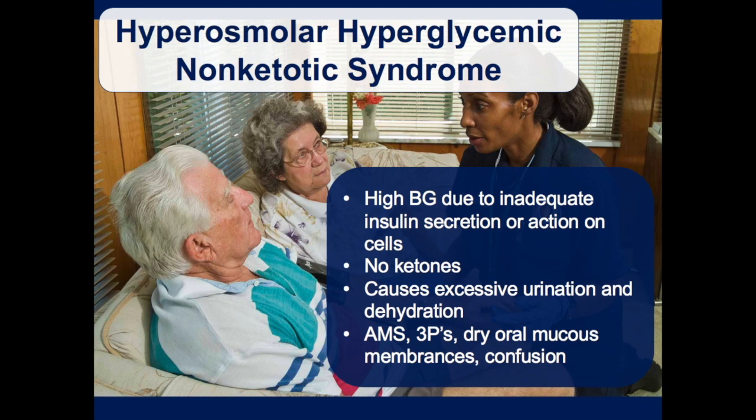They might complain of polydipsia or excessive thirst. They might say, I'm just thirsty, I can't get enough water. If you ask about their urinary habits, have you been peeing more or less than usual? They may tell you that they've had excessive urination. And remember that excess sugar in their bloodstream, their body's trying to pee it out, and with sugar follows water. So that's why they have the excess urination.